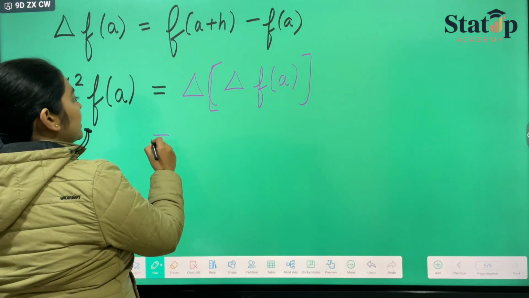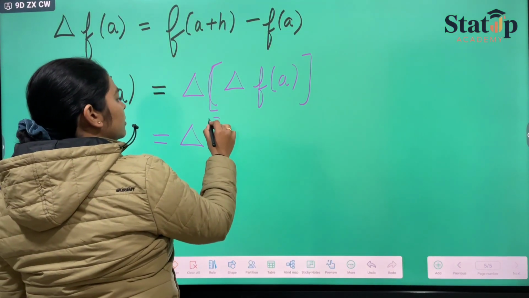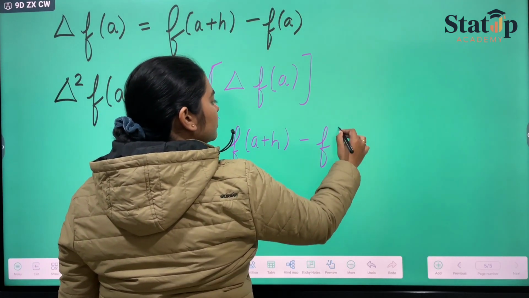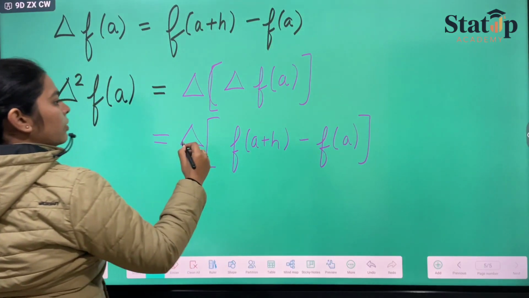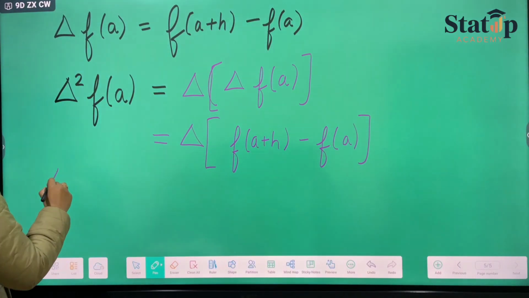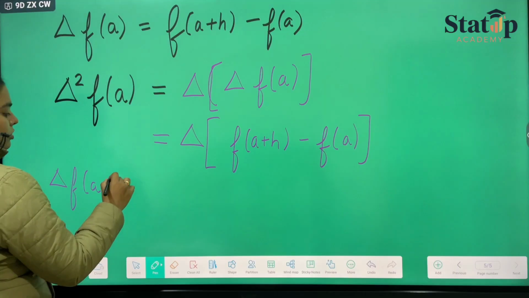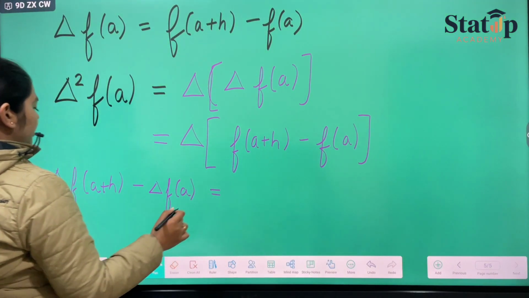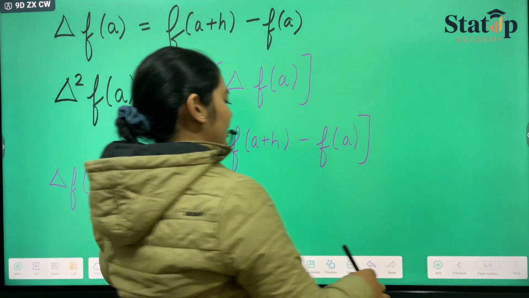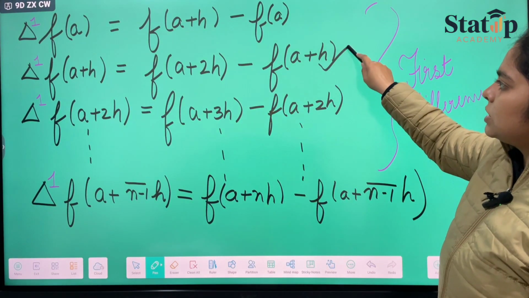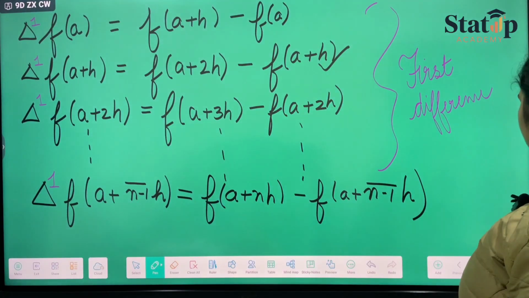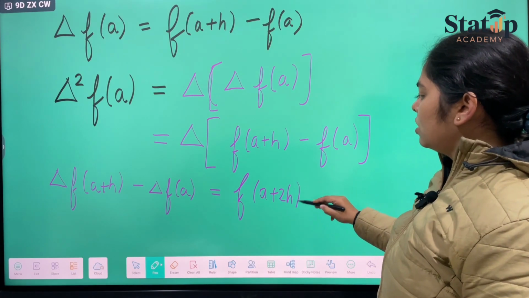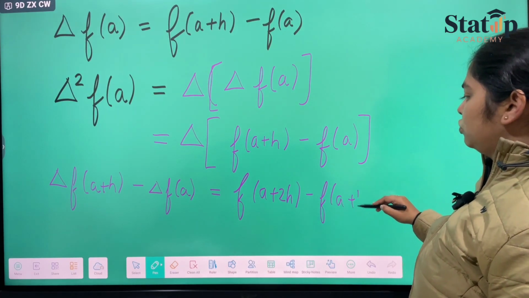So first of all, delta f(a) is nothing but f(a+h) minus f(a), right? Now delta goes inside and it will become delta of f(a+h) minus delta of f(a). We have calculated before that delta of f(a+h) is f(a+2h) minus f(a+h).